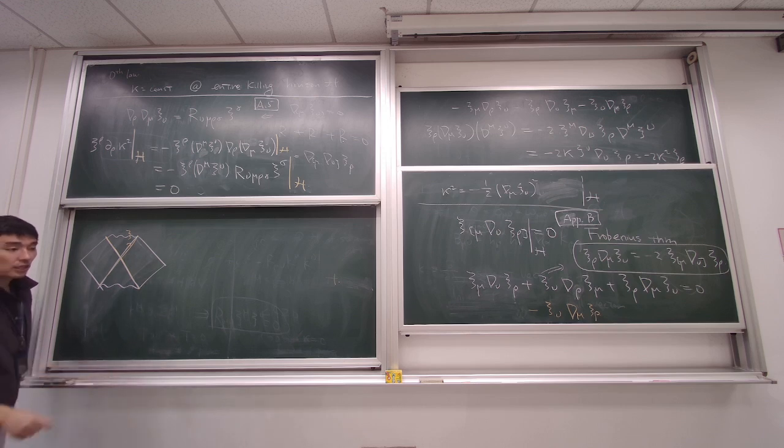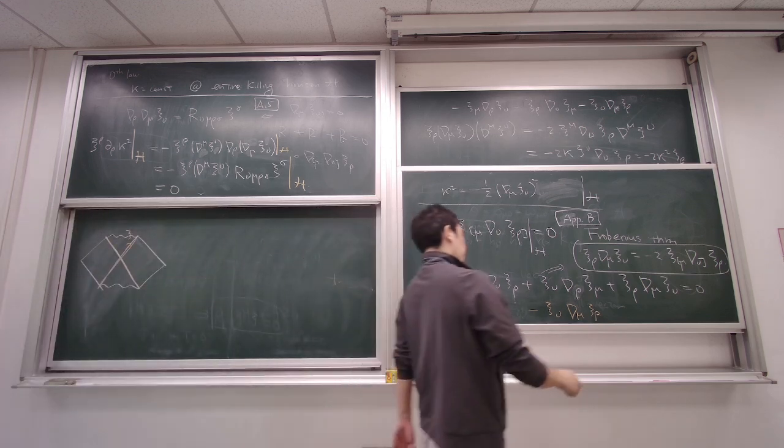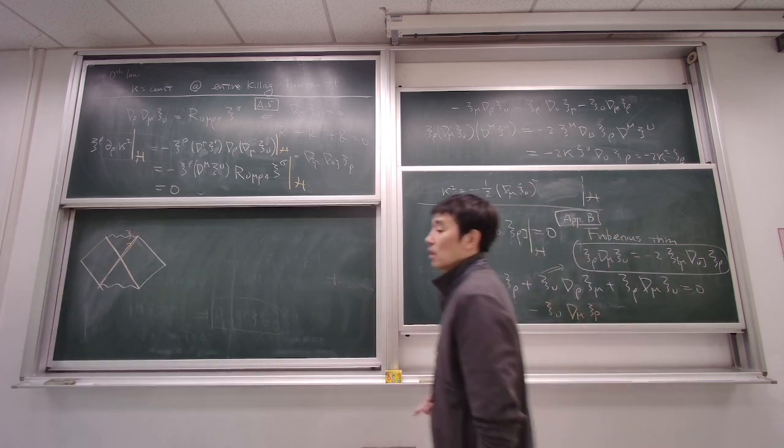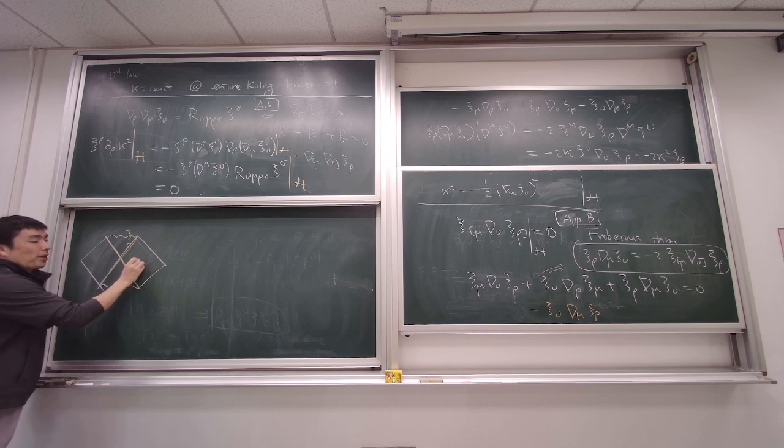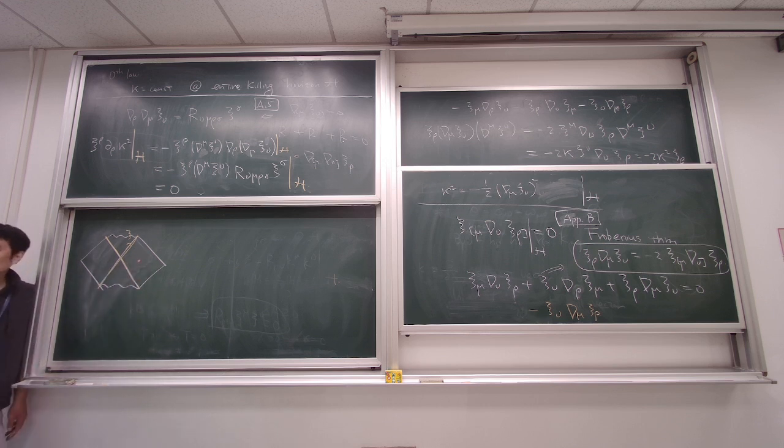But recall that at each point of the Penrose diagram, this point stands for what in space-time? S2. S2, yes. So we don't strictly show that it's invariant under S2.